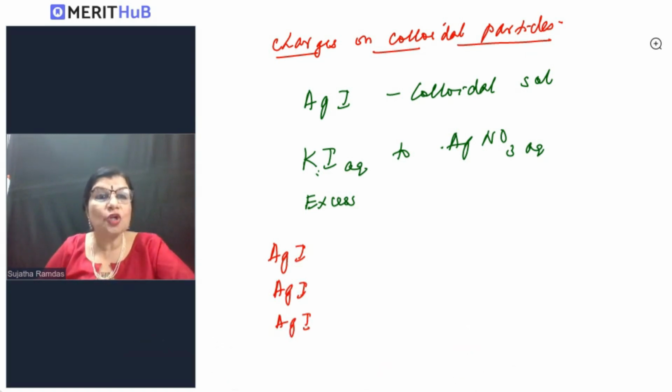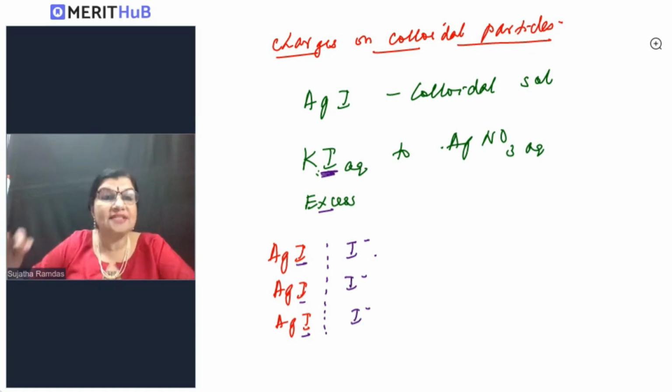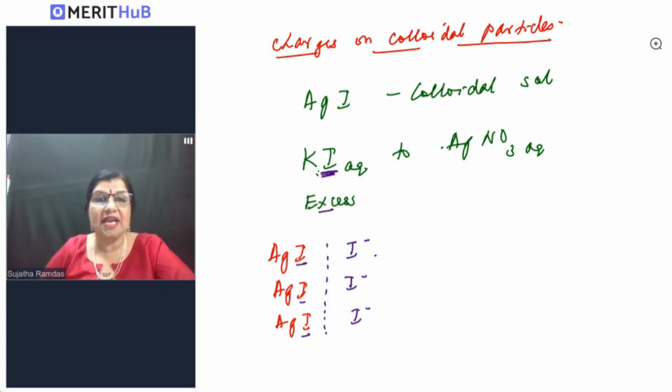Now the ion common between the silver iodide colloidal particles and the excess electrolyte potassium iodide are the iodide ions, because of which the silver iodide colloidal particles will preferentially adsorb the common ion, the iodide ion, on their surface.